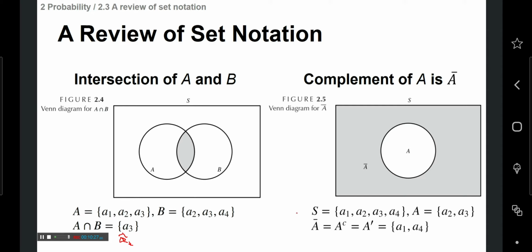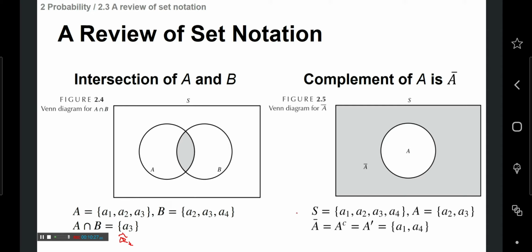And here's the last one: mutually exclusive. If there are no intersecting items, if there is no element that A and B contain together, then sets A and B are mutually exclusive.